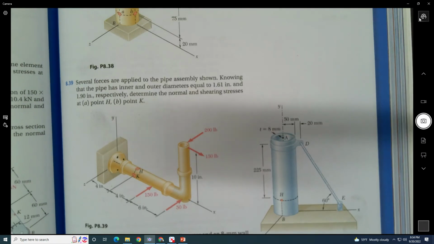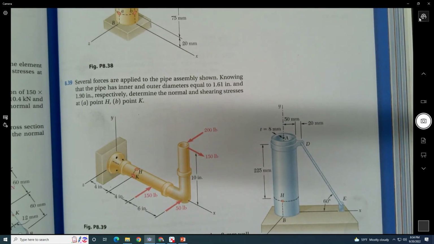Okay, so we got the inside diameter, nice that they made it 1.61. Outside diameter 1.91? Yeah. Not 1.90. And anything else? Determine the normal and shearing stresses at H and K. Well, H is right here outside.